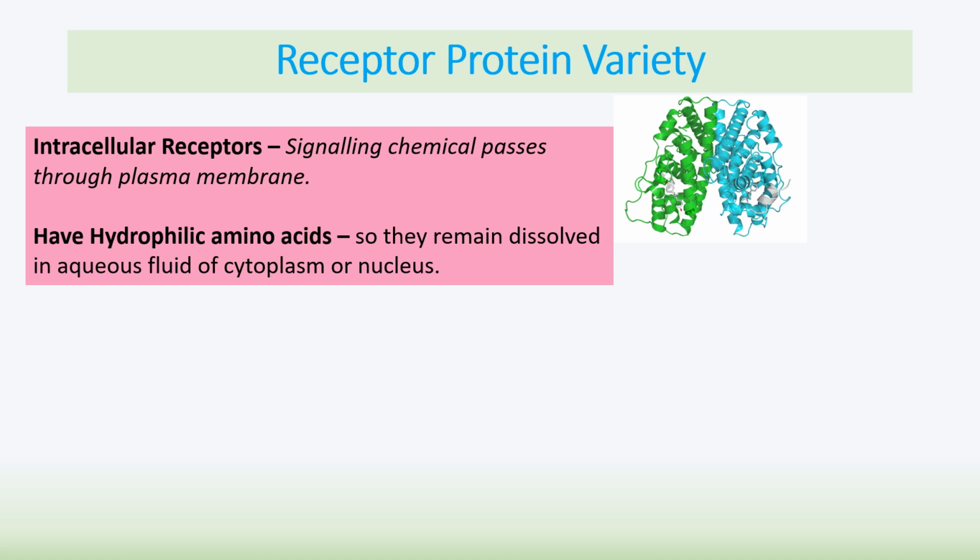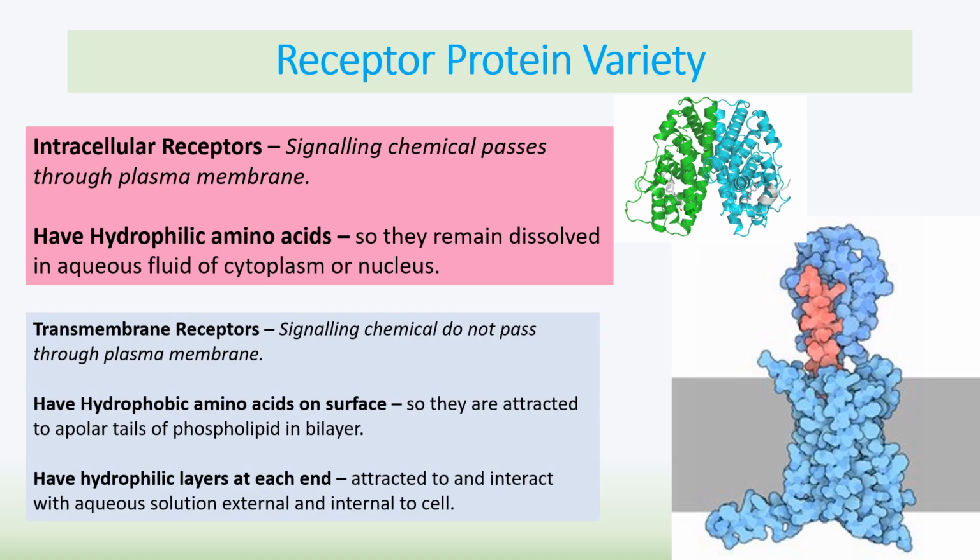So the signaling chemical, for example, testosterone, which is a steroid hormone made of lipids, so it can pass through the cell membrane, will go into the cytoplasm and bind to receptors. These will have hydrophilic amino acids, so they remain dissolved in the cytoplasm, so they can interact with the liquids in the cytoplasm.